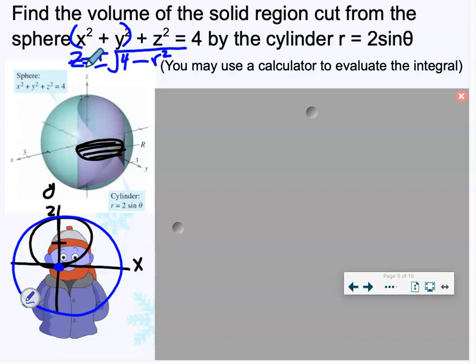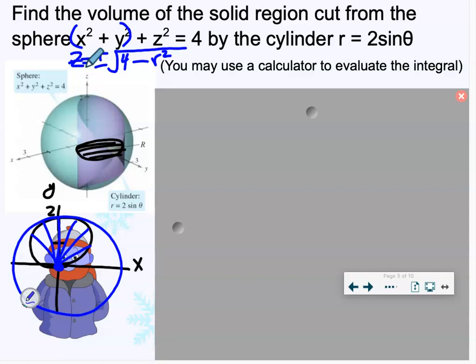So I don't want to go from 0 to 2. I want to go from 0 to whatever this function is. Well, what is this function? It's given to you. It's r equals 2 sine theta. So we're going from 0 to r equals 2 sine theta. Does everyone understand that? Colin, how you doing?